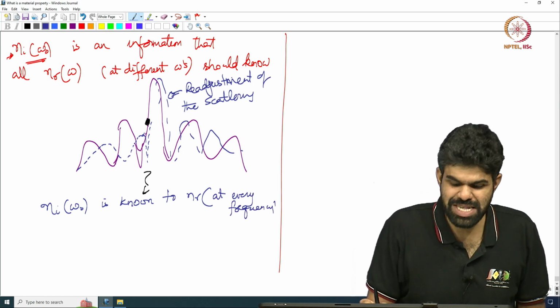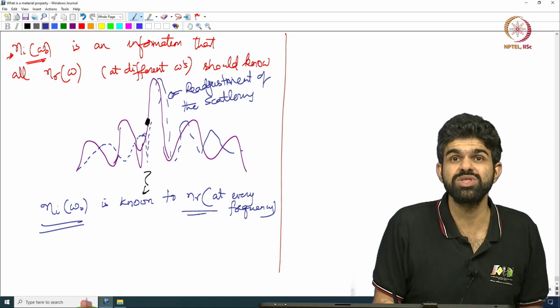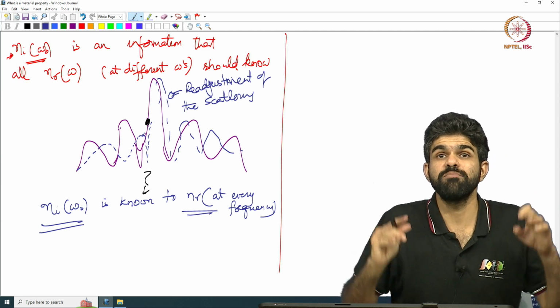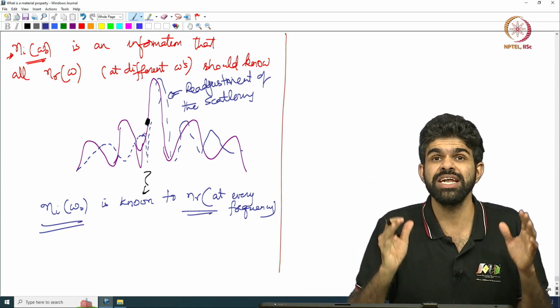Okay. Now this is what relates the imaginary part to the real part. So you have to make these functions causal in time.